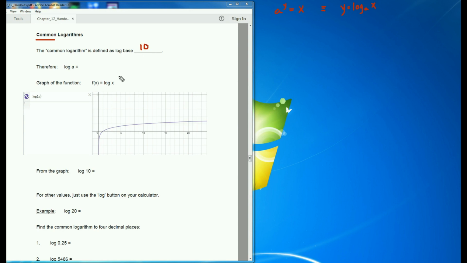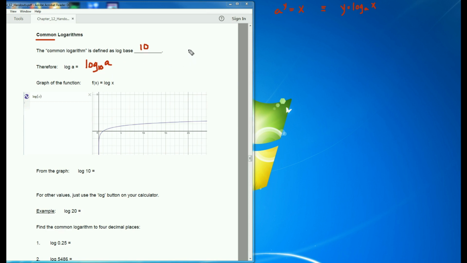So if you just see log of some number A, but there's no base written to the log, what that really means is log base 10 of A. Because log base 10 is so commonly used, we just don't write the 10. So again, if you don't see the base written, the 10 is implied.